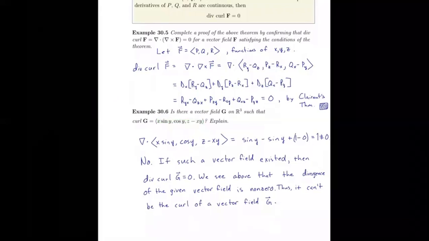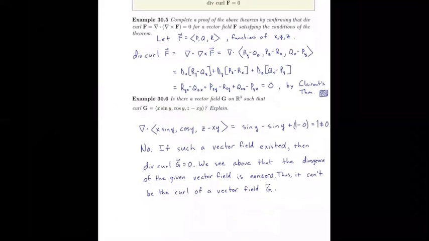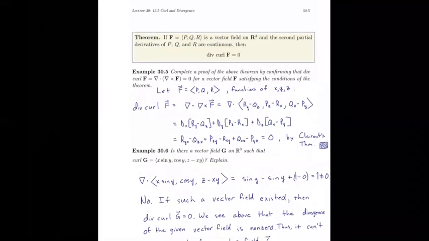Now, to check for that, we're going to use the result above. If what we were given was the curl of some field G, then the divergence of the curl of G should be 0. So that's exactly what we're doing here.